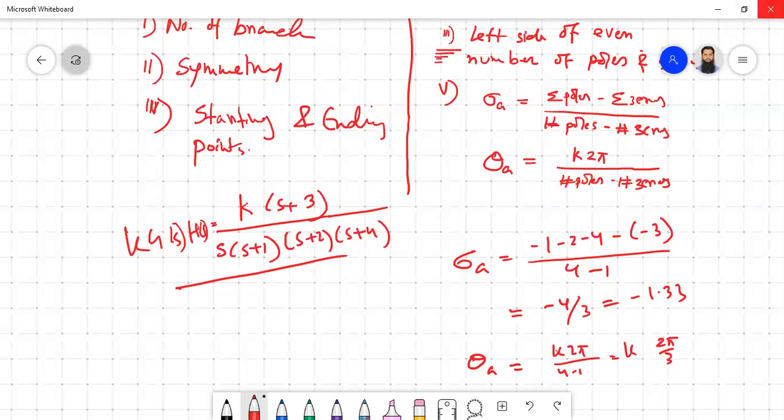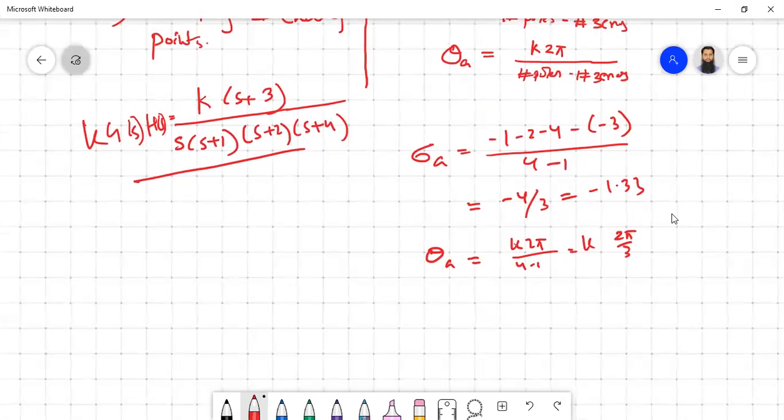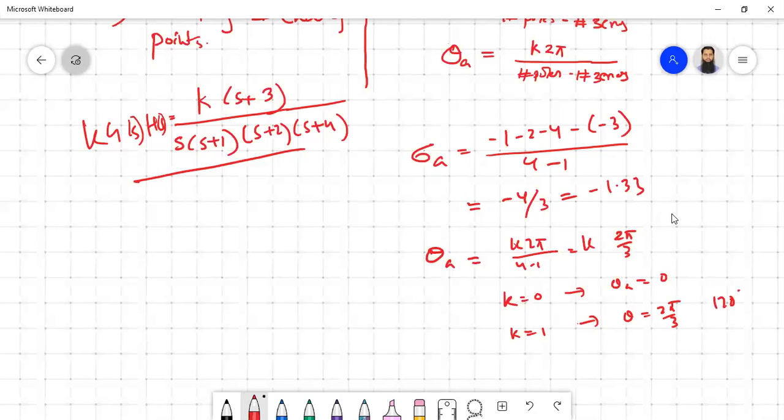So three infinite lines should be there. If k equal to 0, then we get theta A equal to 0, which is one of them. Then k equal to 1, theta equals twice pi by 3, that is actually 120 degrees.